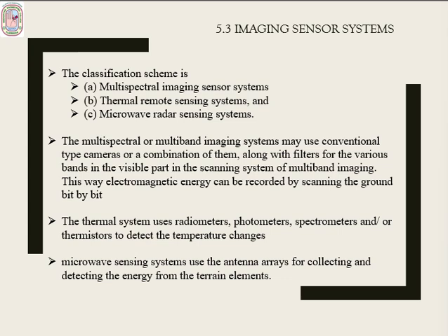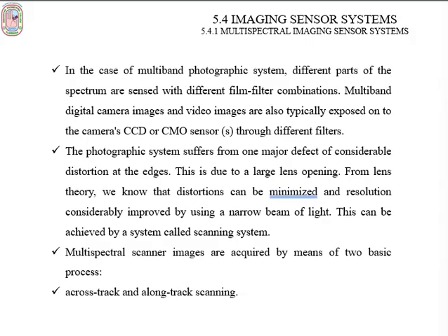This way, electromagnetic energy can be recorded by scanning the ground bit by bit. The second one is the thermal systems, which use radiometers, photometers, spectrometers or thermistors to detect temperature changes. And the final one is the microwave sensing systems. They use antenna arrays for collecting and detecting the energy from the terrain elements.